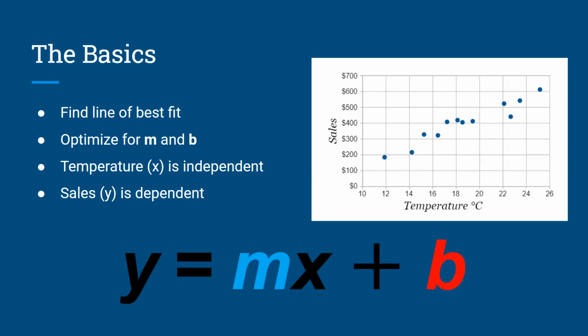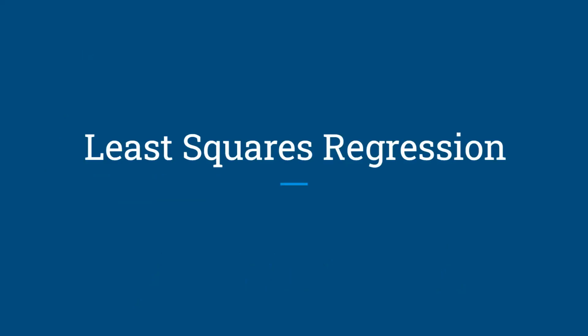So how can we get that line with the computer rather than us being like, all right, I think it works? And now is something that's called least squares regression.